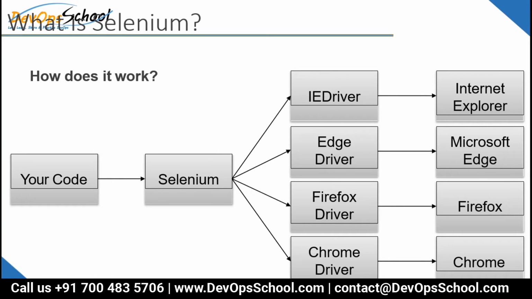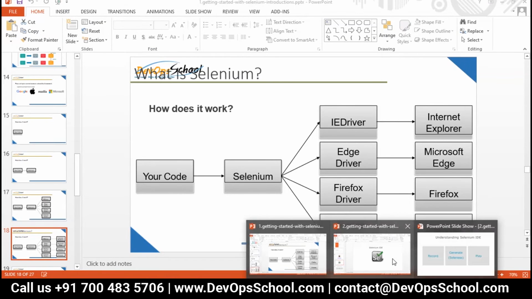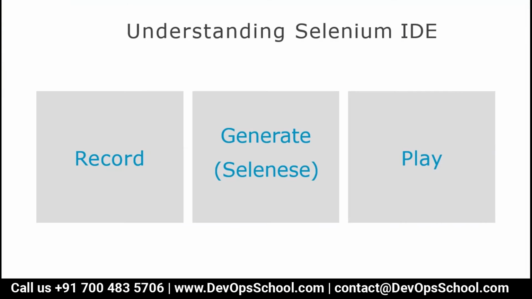So this code is important, but before that, I'm talking about how you can use IDE itself and record the manual testing. That manual testing you can play as many times as you want, and at the same time you can convert it to programs.